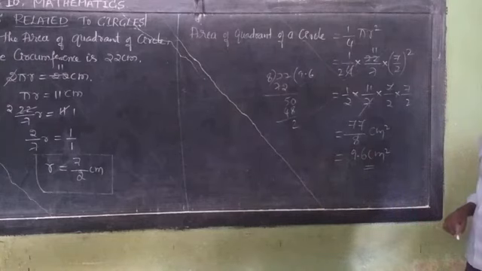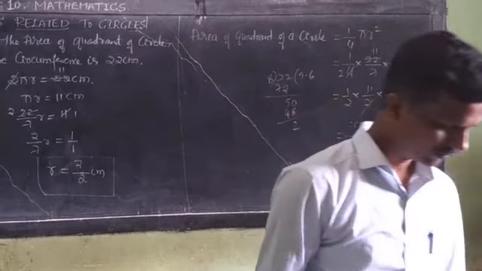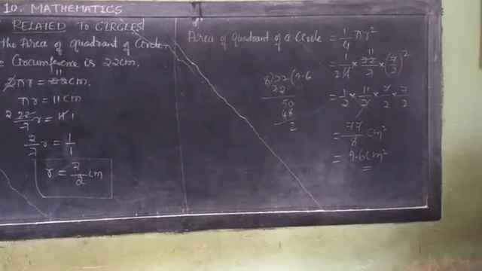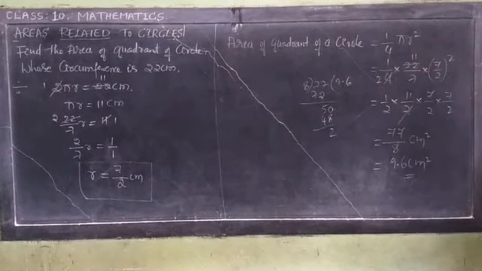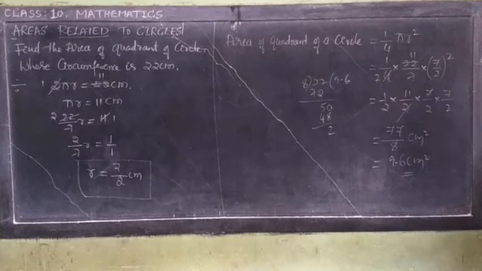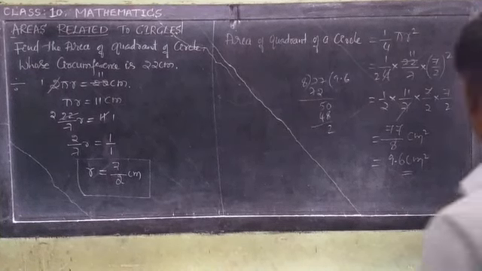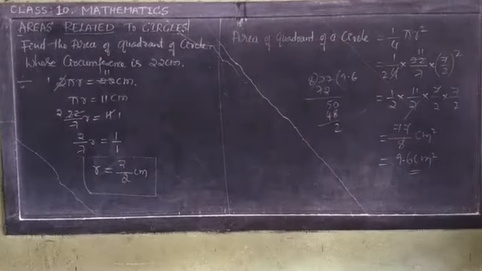This is the area of the quadrant of a circle. Now we have to solve one more problem here.